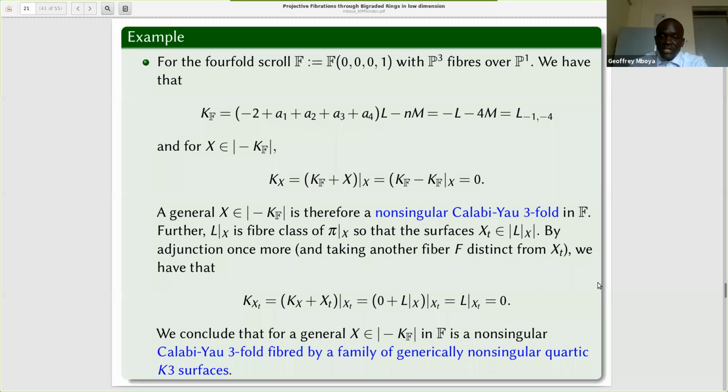Further computation shows that a general fiber has trivial canonical bundle. From this we see that the Calabi-Yau threefold is fibered by a family of generic non-singular quartic K3 surfaces, which are the fibers of a general element X in this anti-canonical class. So this is a very interesting subject.